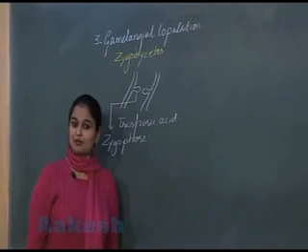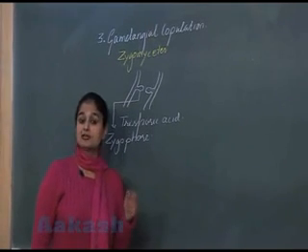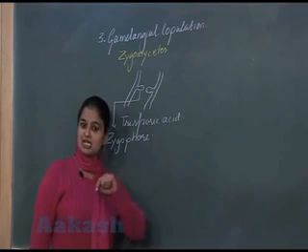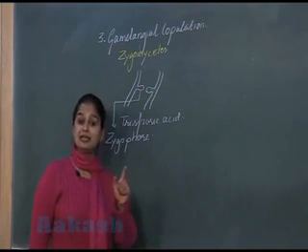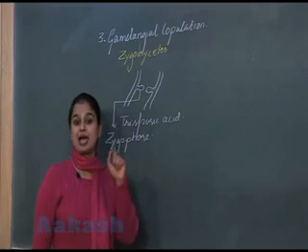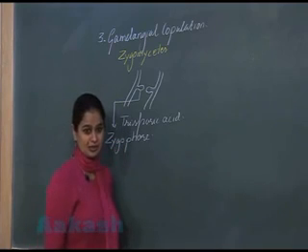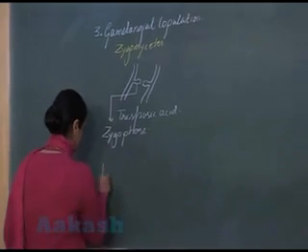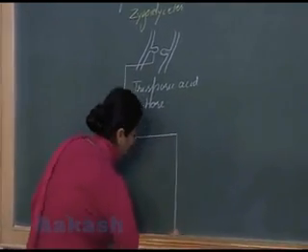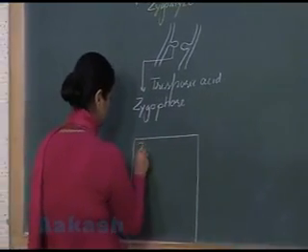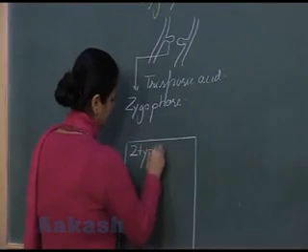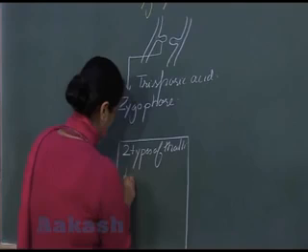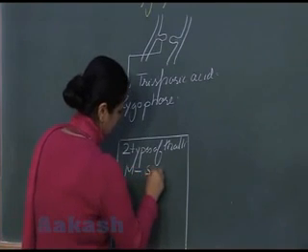This type of condition, occurrence of 2 types of hyphae which are morphologically similar but genetically different, this is known as heterothalism. Please write this down.